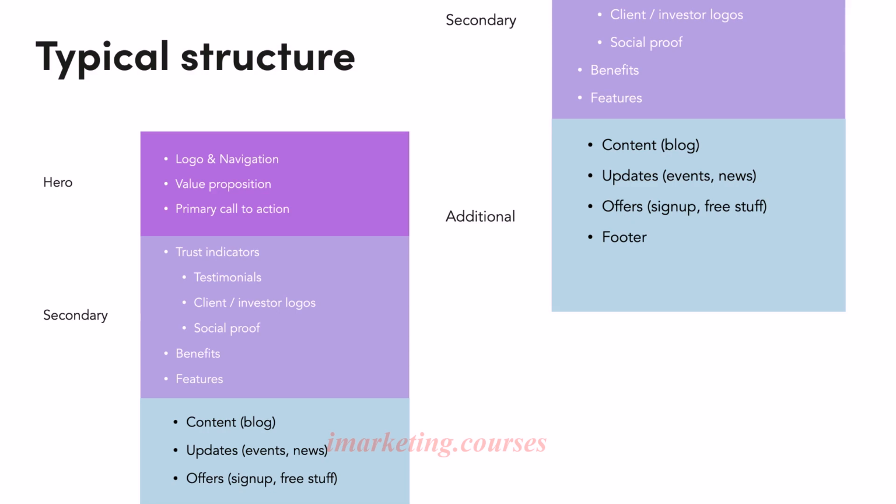And then we'll use the additional sections in the homepage to show what is new. So either new content from something like a blog, or if we have any updates, news, or any kind of new offers, if we want them to sign up for a list or give them something for free in exchange for their email, we will do that in those sections, and we'll always end up with a footer.